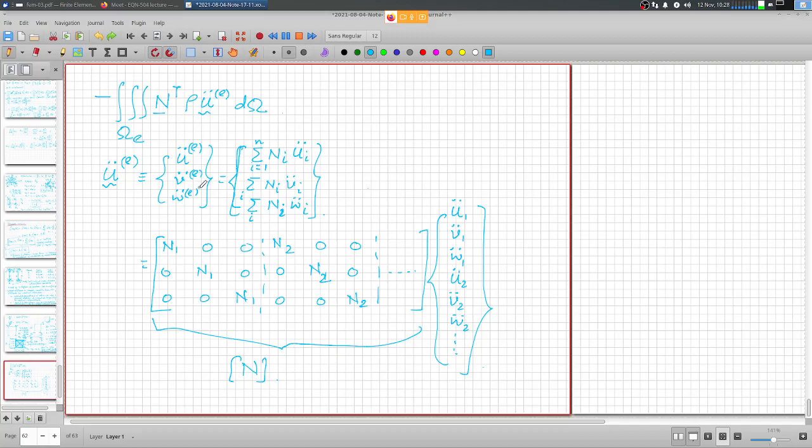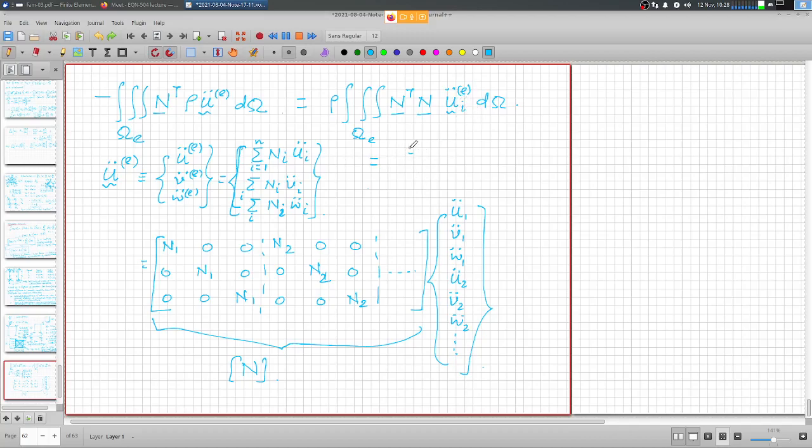And once we substitute this model, it looks like this. Rho is of course constant within the element, so N transpose N, u double dot i within the element. And this is of course a nodal value, so they are constants.